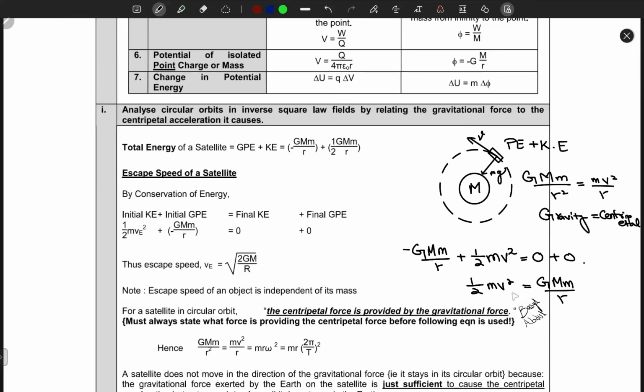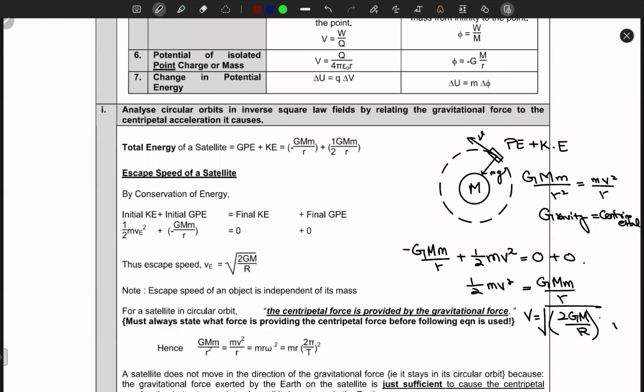So kinetic energy is really the energy that you need to get out of this potential, GMm by R. So if I work out the velocity from this expression, it is the square root of 2GM by R. I'll just write it as a square root, so no confusions. This is the velocity which you need at minimum to escape the gravitational pull of the Earth.